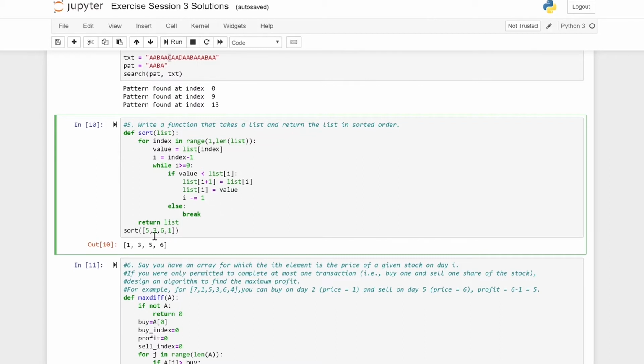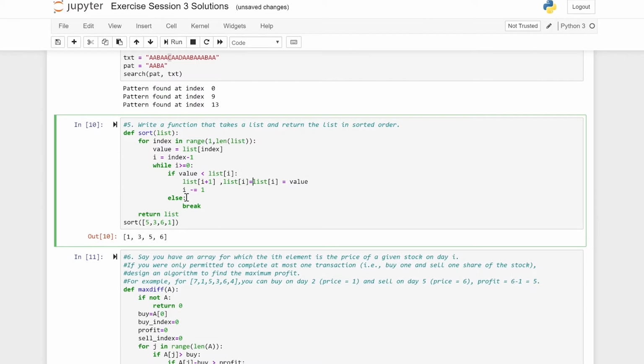Now they are swapped. We just change their position if this condition is satisfied.